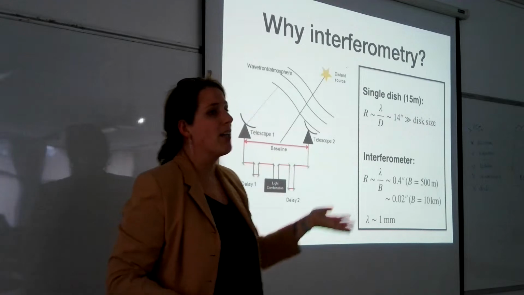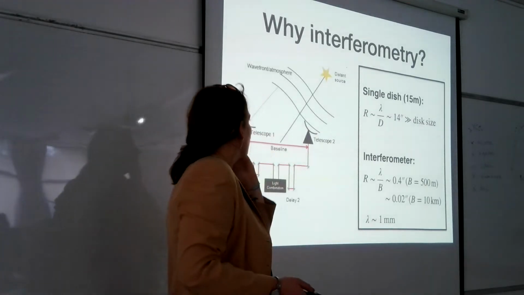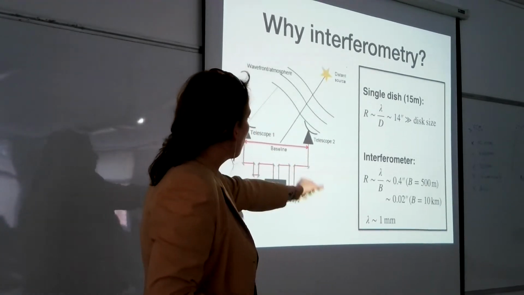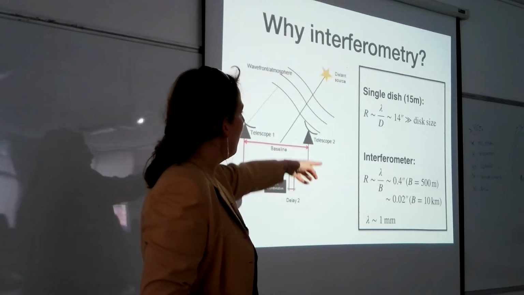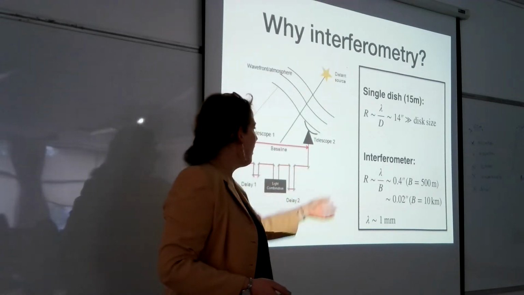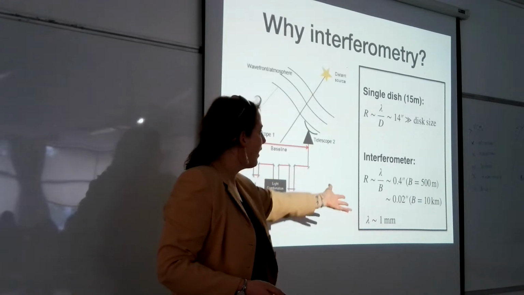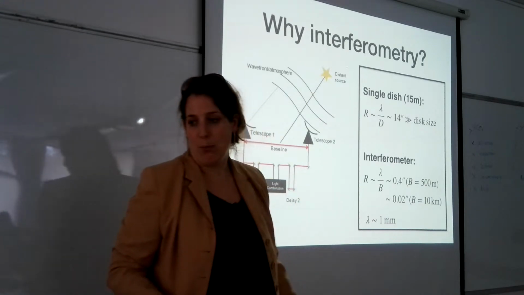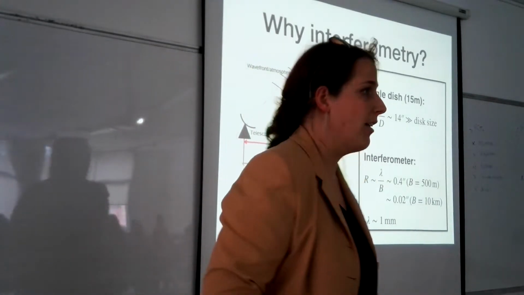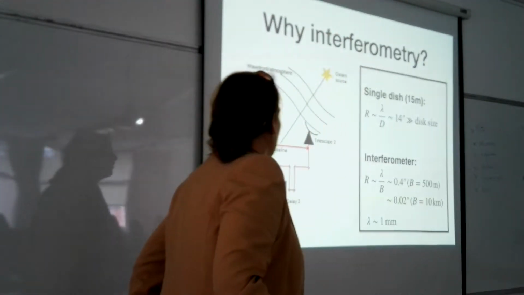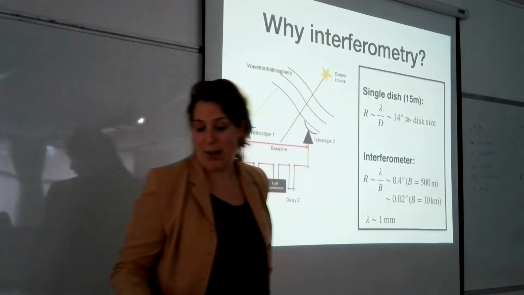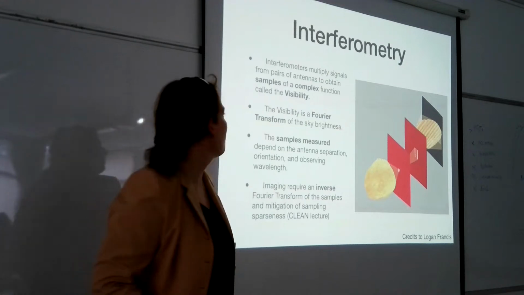So that's way larger than the size of the disk. With an interferometer, we can instead use the baseline, and for 500 meter baselines, we can go to 0.4 arc seconds, and for 10 kilometers, we can go down to 0.02 arc seconds. So this is the reason why we want to use the interferometer.